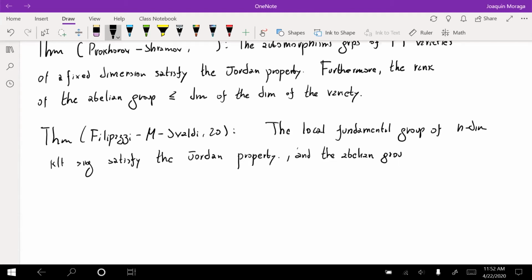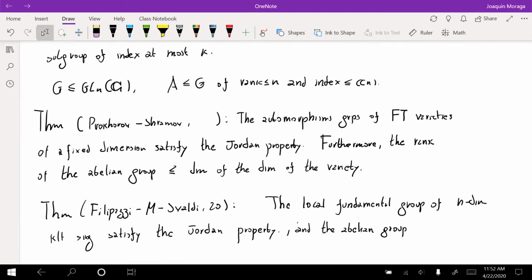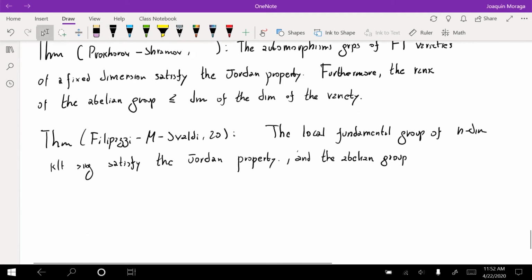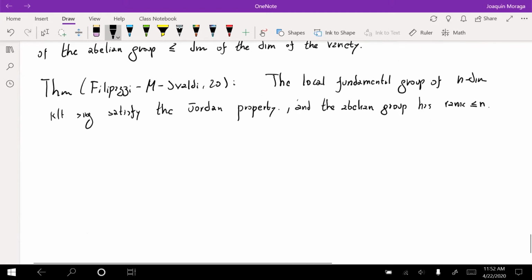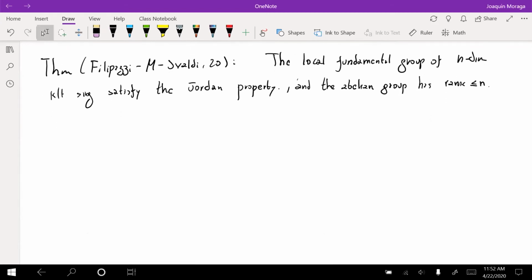Do you consider the usual fundamental group or the algebraic fundamental group here? You can consider both. Just the usual, I think, right? You can consider the usual or the profinite completion. So let me tell you the sketch of the proof, and then I will tell you why you can also consider the usual one.